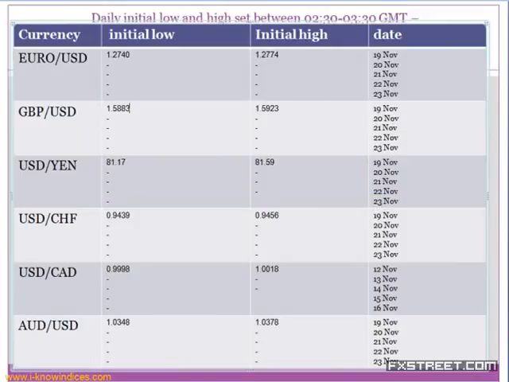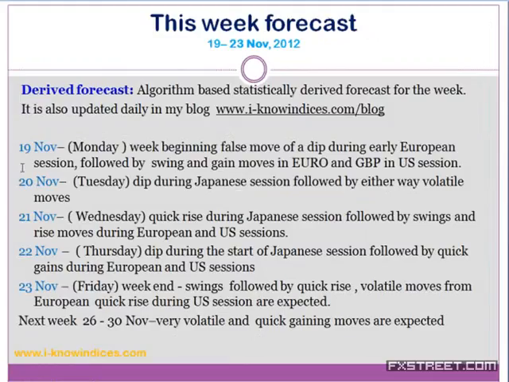Coming to the forecasts for this particular week. Today is 19th, the week beginning. A false move is expected during the early European session, followed by swing and rise moves during the European and US sessions. Tomorrow, 20th, at the start of the day there could be a dip during the Japanese session, followed by either-way volatile moves.